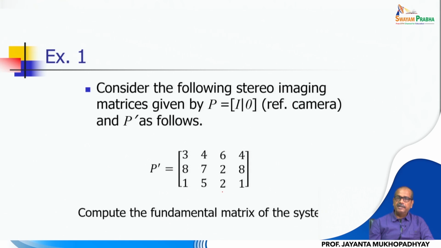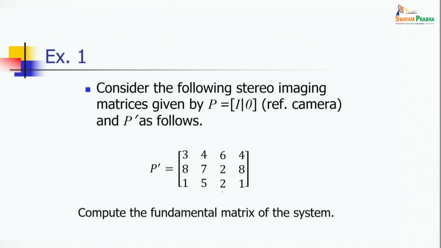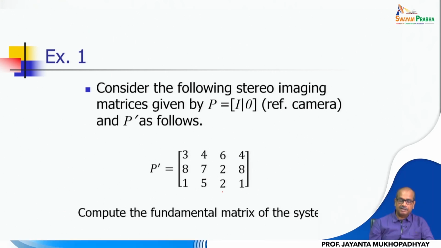I will conclude this lecture by showing one exercise, just to give you an idea of how we can exploit the camera parameters or elements of the projection matrices to know about different entities of stereo geometry. First, suppose I give you a reference camera, the left camera in our considerations, in canonical form.